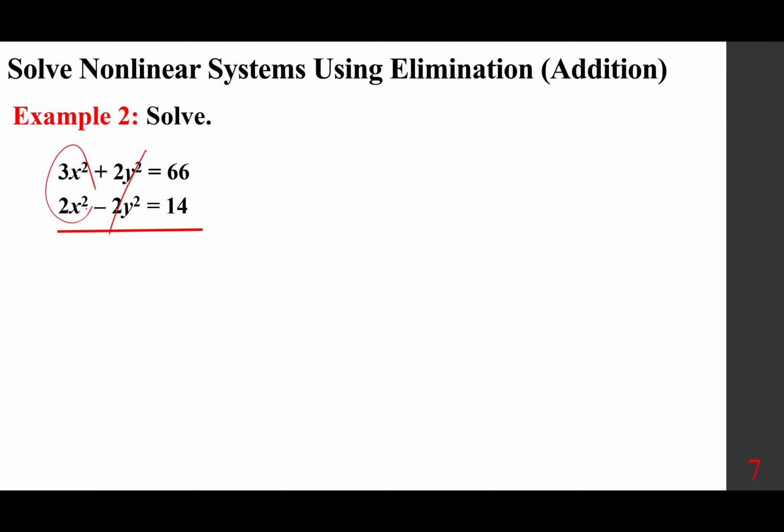This gives us 5x squared, 14 and 66, 80. Divide both sides by 5. X squared is 16. And x must be plus minus 4.